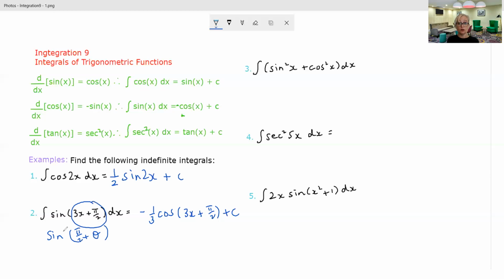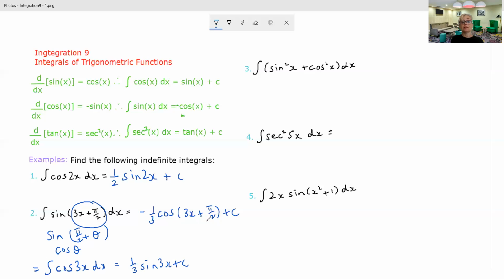Thinking back to our unit circle and our vertical reference business, sine of pi on 2 plus theta is just cos of theta. So I would be inclined to actually say this equals the integral of cos of 3x dx and just get our 1/3 sine of 3x plus c.